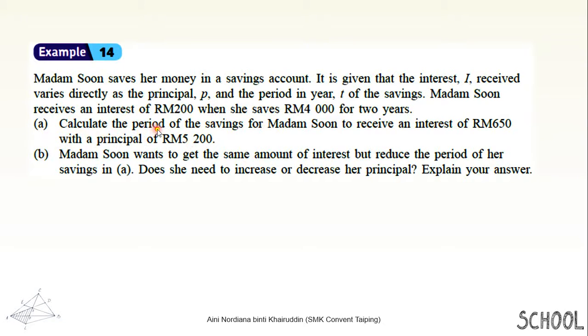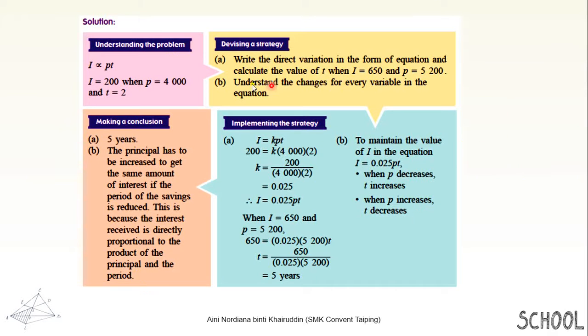A, calculate the period of the saving of Madam Soon to receive an interest of 650 with a principal of 5,200. B, Madam Soon wants to get the same amount of interest but reduce the period of her saving in A. Does she need to increase or decrease her principal? Explain your answer. So these are the steps.